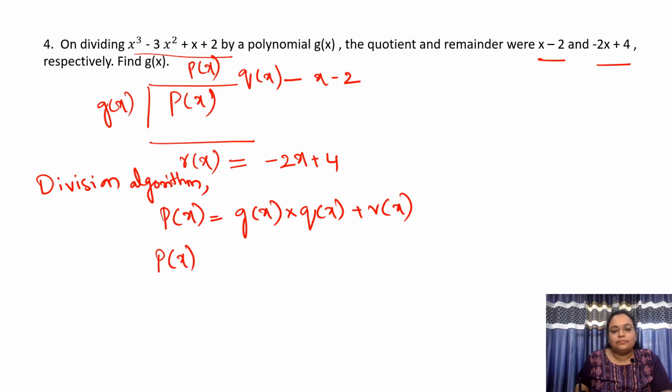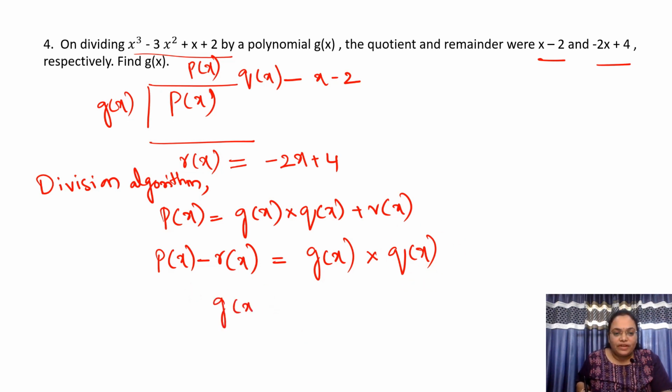If I take +r(x) to the LHS, it will be p(x) - r(x) = g(x) · q(x). If I want g(x), I will send q(x) to this side. g(x) = (p(x) - r(x)) / q(x).